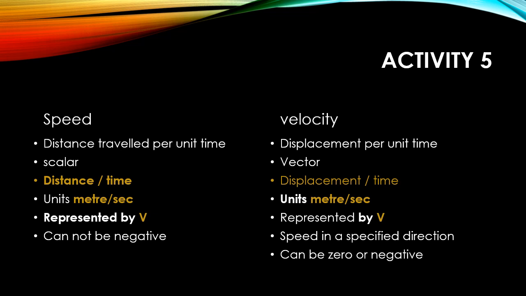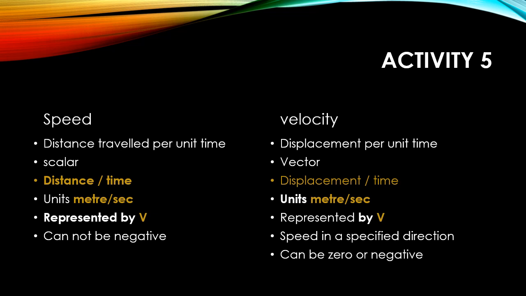So velocity can be negative and velocity can be 0. Can the displacement be 0? Yes. How? If you take the hands of a clock, the hands reach the same position after 1 minute or 12 hours, isn't it? So here the displacement is 0. As displacement per unit time is velocity, so velocity can also be 0.